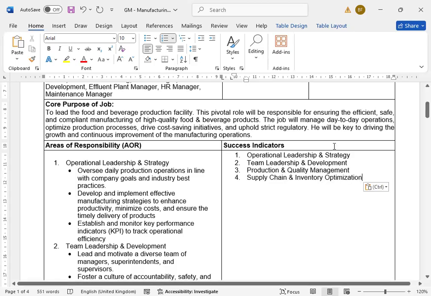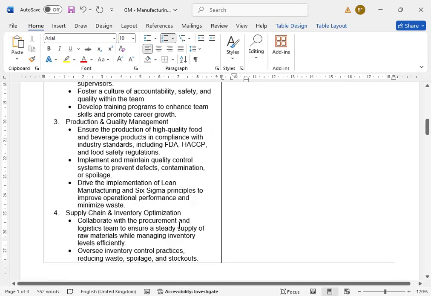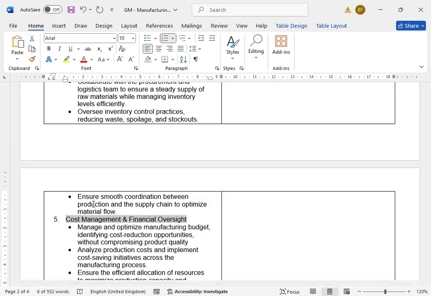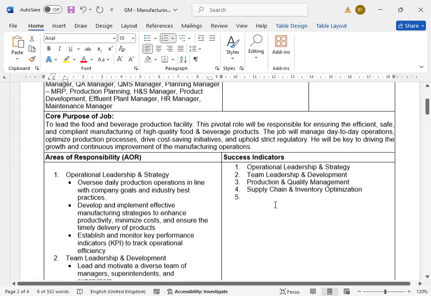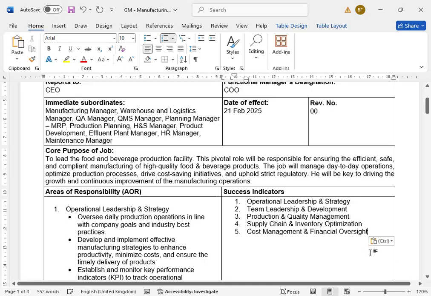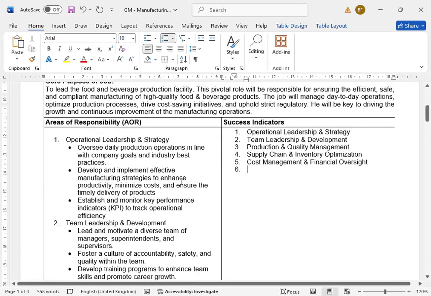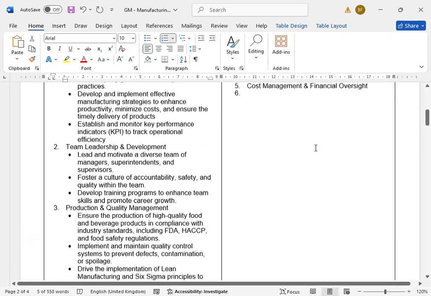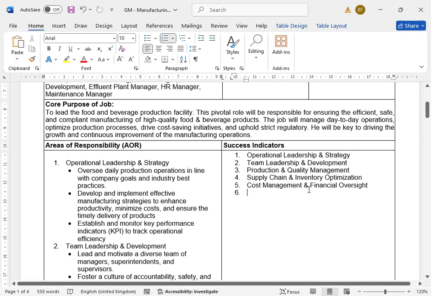And then I'm also going to include number five, which is cost management and financial oversight. Control C again, copy. Then number six, the last one, which is safety, regulatory compliance and safety. Copy. So at least we know what are the things that are under the success indicators.